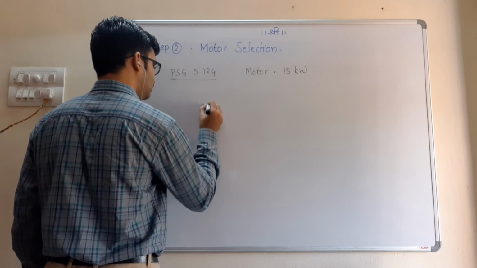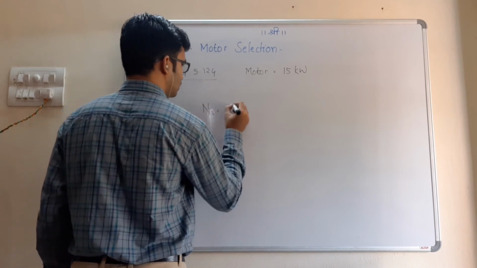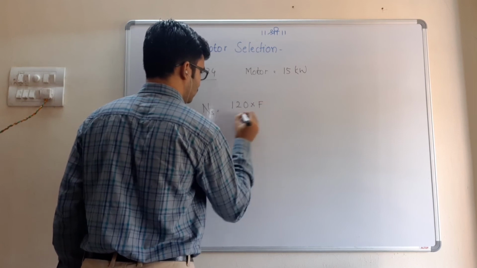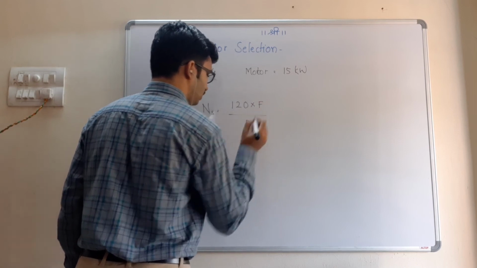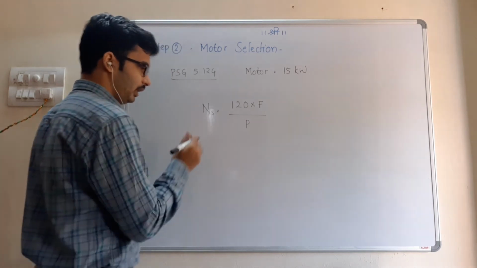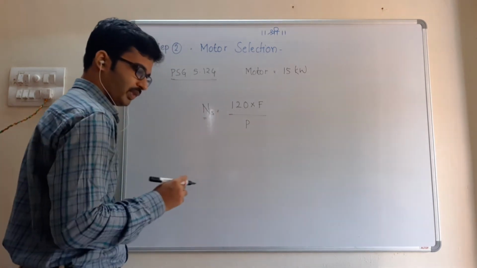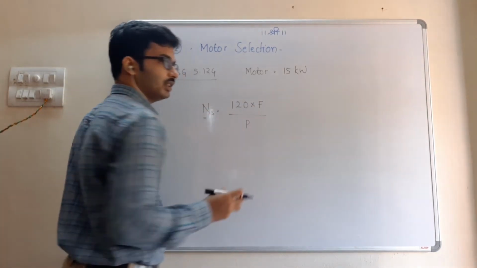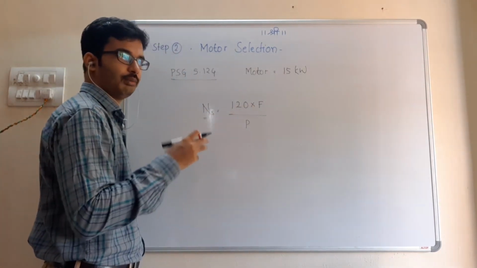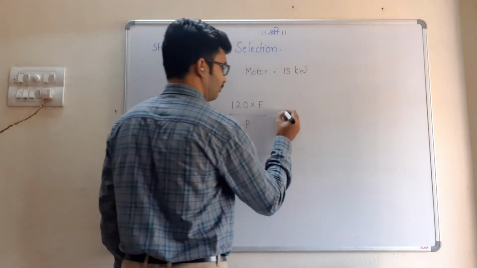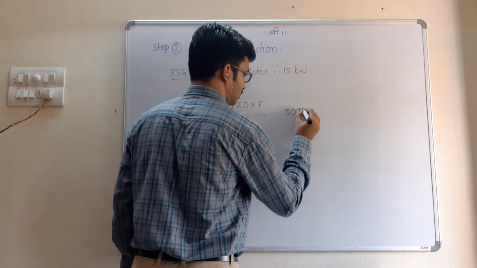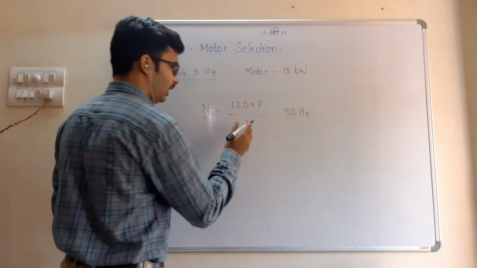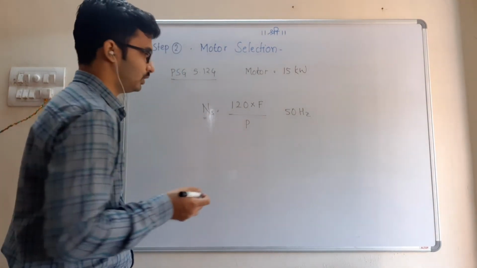Ns is equal to 120 into F divided by P, where Ns is the speed of the synchronous motor, F is the frequency of power supply, which is 50 Hz, a standard value in India, and P is the number of poles.